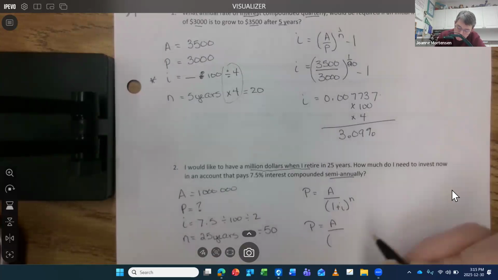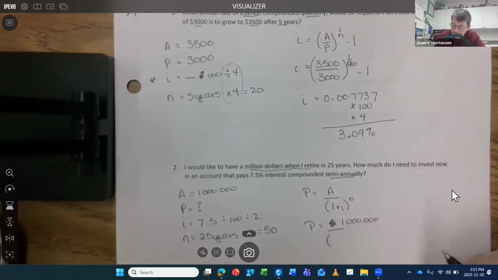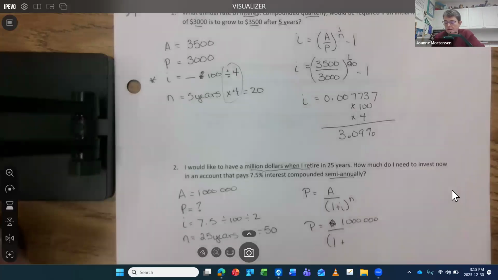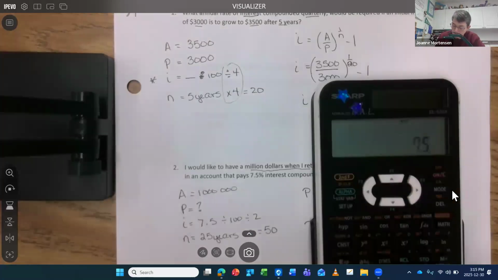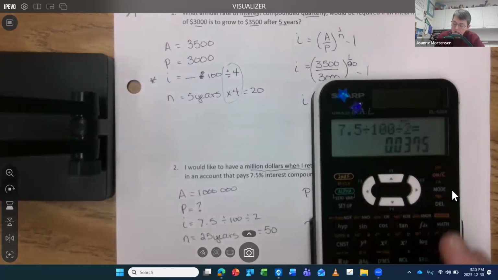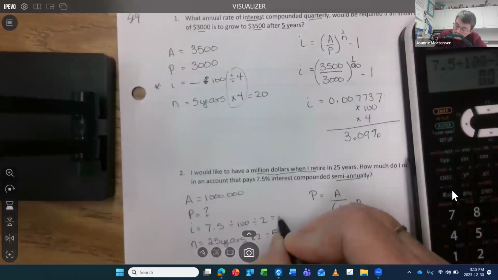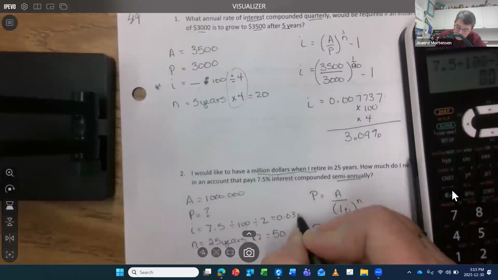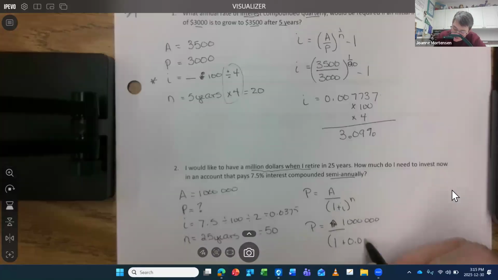1 million, 6 zeros altogether. Then 1 plus 7.5 divided by 100 divided by 2, which is 0.0375.